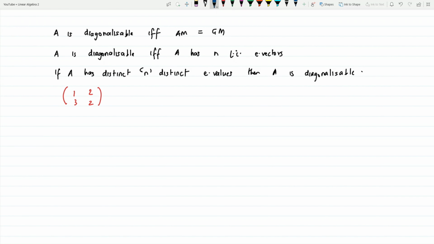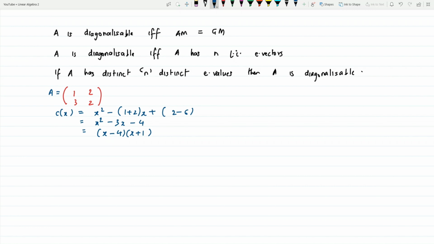To begin with, let me call this matrix A. We first find the characteristic polynomial of A, which is given by x square minus the trace, that is 1 plus 2, x plus the determinant, which is 2 minus 6, which comes as x square minus 3x minus 4. On factorization, we get x minus 4 and x plus 1.